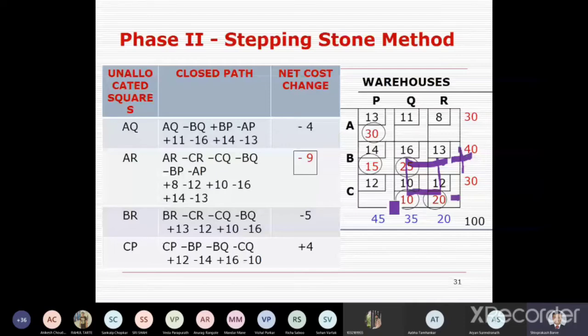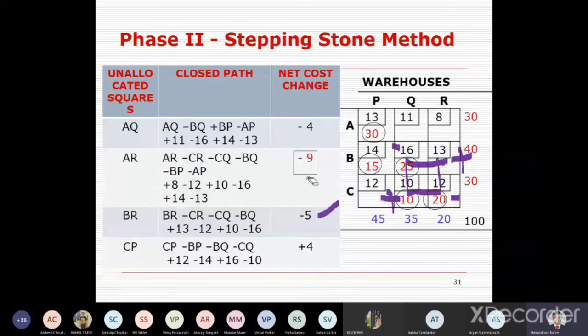So plus, minus, plus, minus. Check this, that is plus 13, minus 12, plus 10, minus 16, and we got minus 5. So if I am able to shift the units to BR also, it can save the cost or reduce the transportation cost.